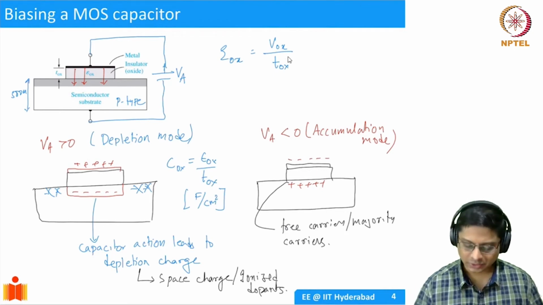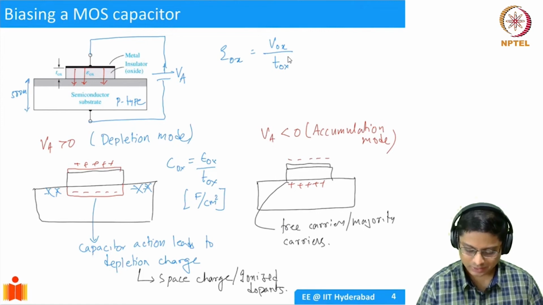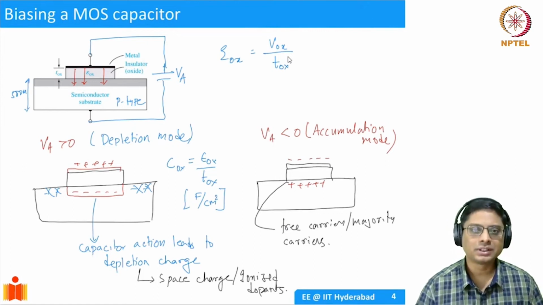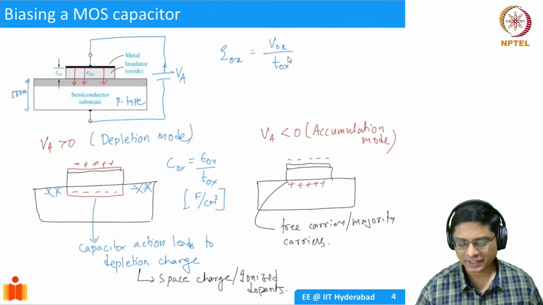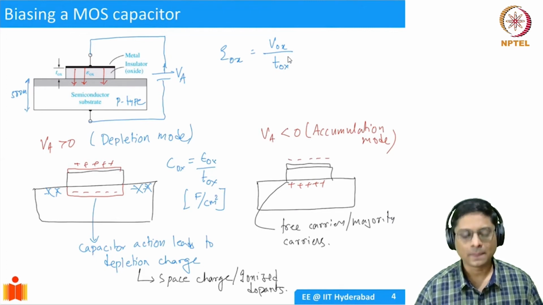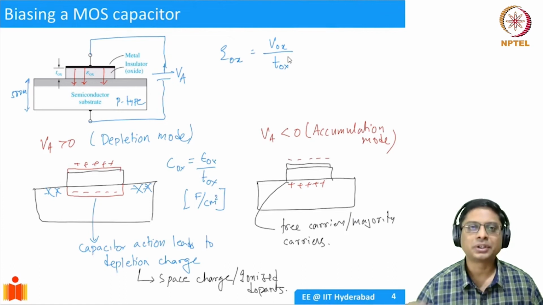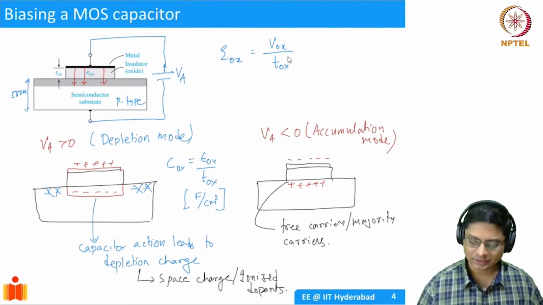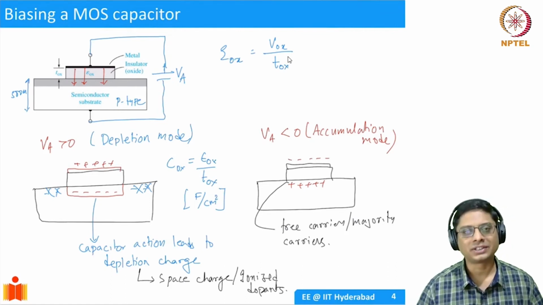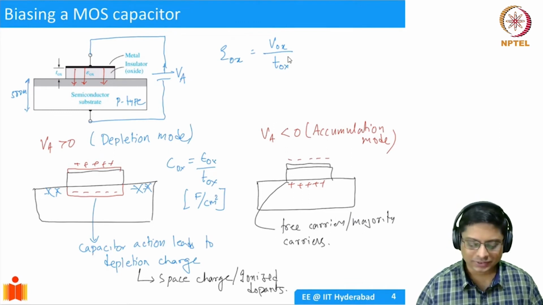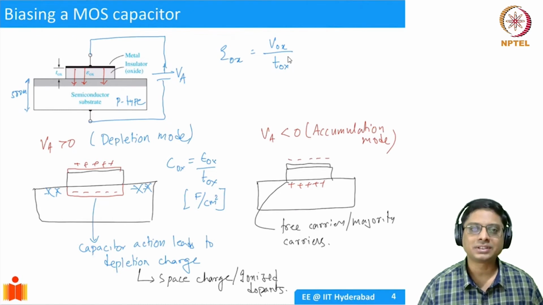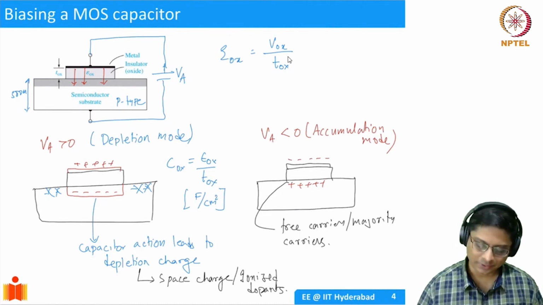All right. So we were talking about the depletion and accumulation mode. And we said that if you have a negative voltage applied on the gate, so by the way, the metal is called a gate. Okay? And if you apply a negative voltage on the gate, it will create accumulation of carriers in the substrate. This accumulation or depletion is dependent on the type of the substrate.